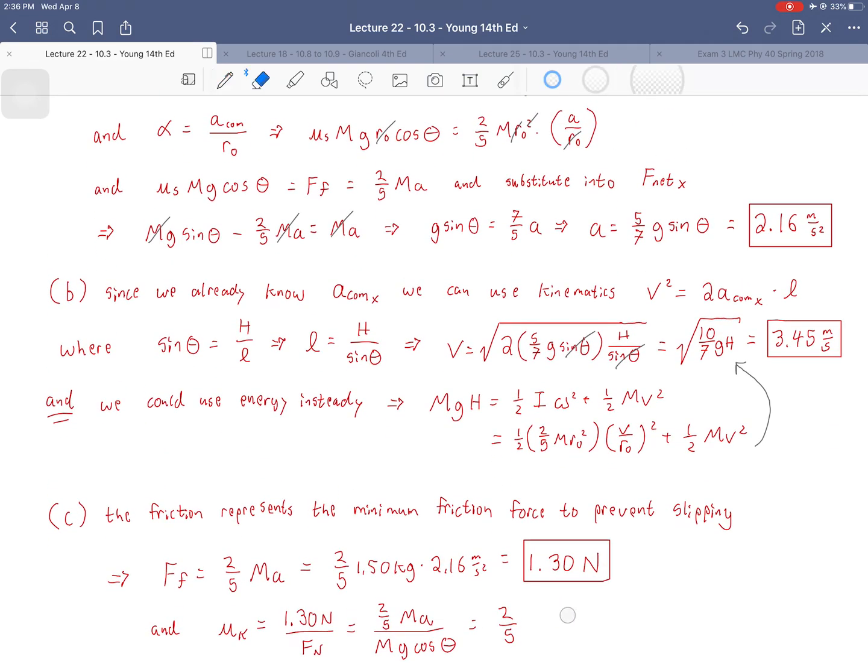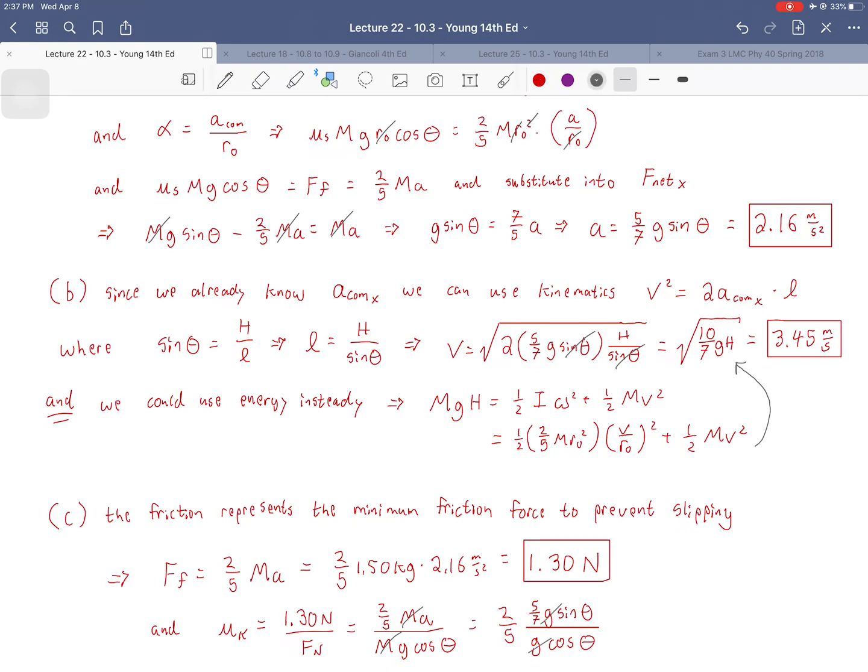And actually, what's our form of a? Our a has the form of 5/7 g sine theta. So let's write it like that, so it'll be more clear. So 2/5, the m's cancel here, and then our a is 5/7 g sine theta. Our Fn, what's left of it, is g cosine theta because the m canceled.